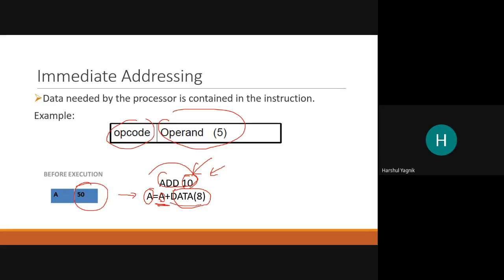Here data 8 is written, meaning 8-bit data is given in the instruction. But what is the value? Value is this 10. Simple. So this will add 50 plus 10 and the result is 60, which will be in the register. After execution, the content of register A is 60.